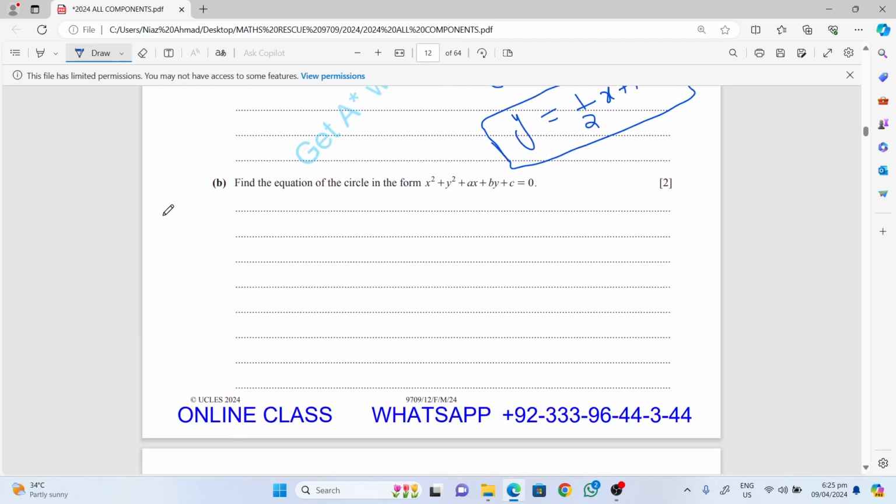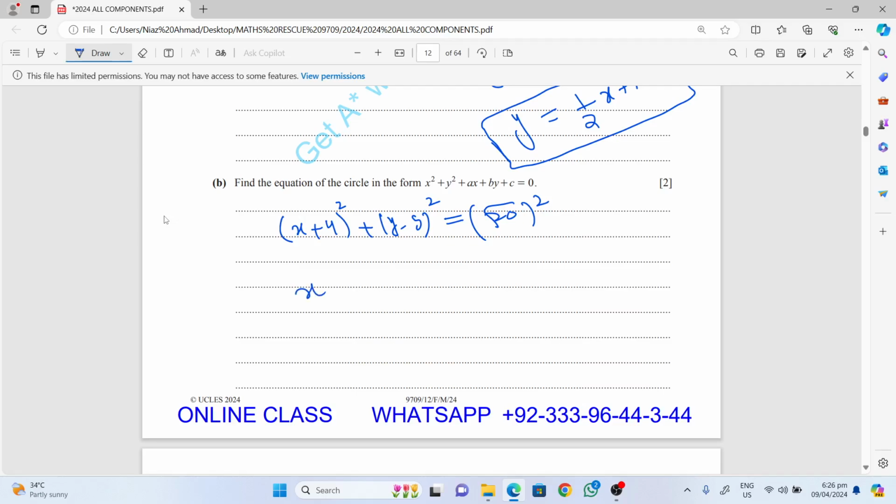He was asking, find the equation of the circle in the form of x squared plus y squared plus ax plus by plus c. So equation of the circle, very easy. Or we can say that the equation of the circle, x plus 4 whole square plus y minus 5 whole square equals 20, square of the radius, 20 under root, and its whole square.